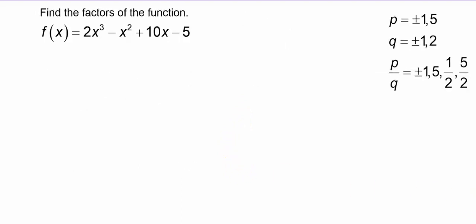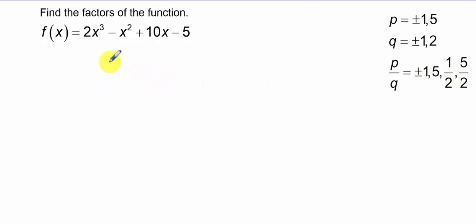So we're going to again find the factors of this function. Let's go ahead and do it. Again, I've listed the p and q values for you along with the p over q rational root possibilities.